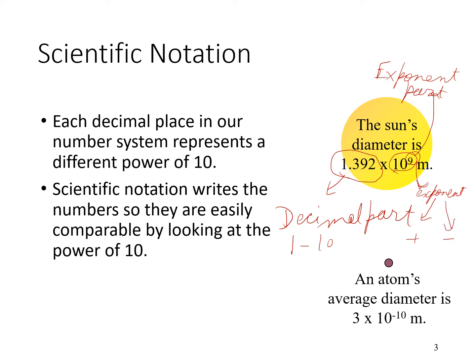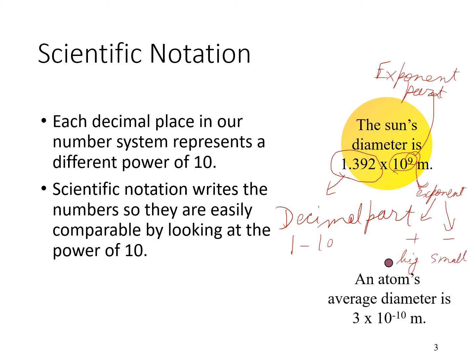A positive exponent means that the number is really big. For instance, the sun's diameter you saw was 13920000000, a really big number. So when the exponent is a positive number, that means the number is big. Whereas when the exponent is negative, as you can see right here for the diameter of the atom, that means the number is small.